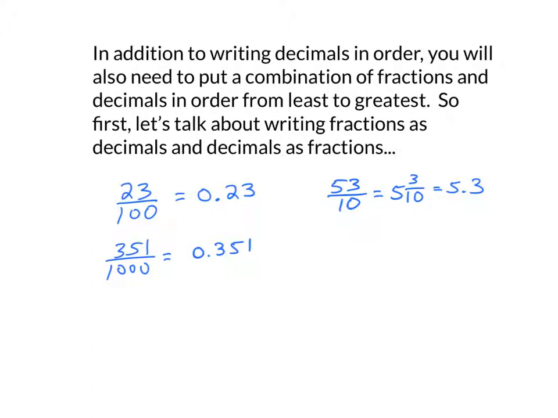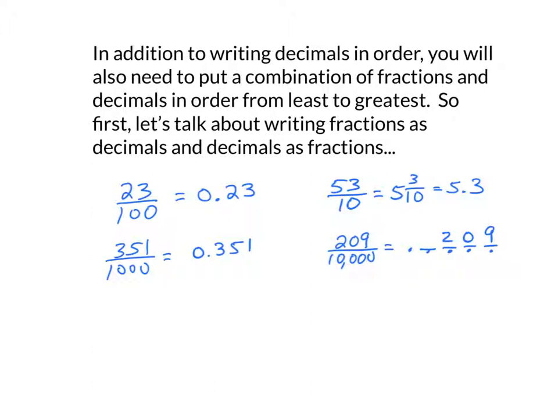Let me give you one more. How about 209 10,000ths? For the 10,000ths place, we need to go out 4 different place values, because I have the tenths, the hundredths, the thousandths, and the 10,000ths. If I need 209 10,000ths, the 209 needs to go out 4 places to the right of the decimal point.